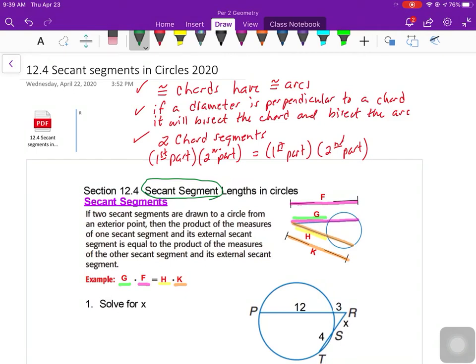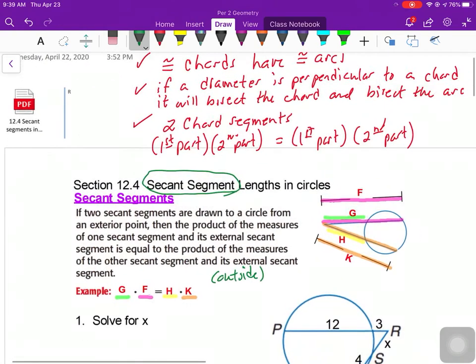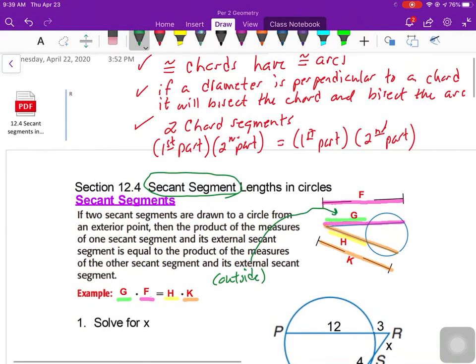And for secant segments, we actually take the outside, that's the part outside of the circle, like the G here, times the whole length on one secant segment will equal the outside times the whole length on the other secant segment. So outside times whole equals outside times whole.